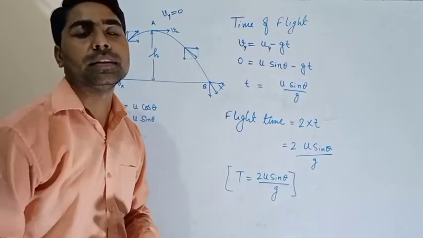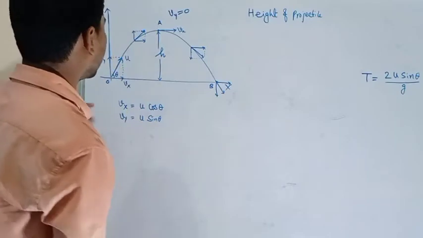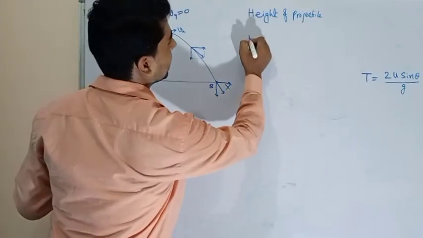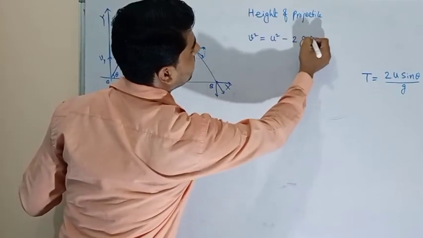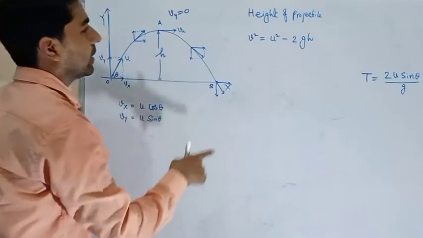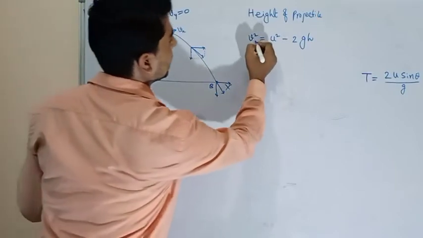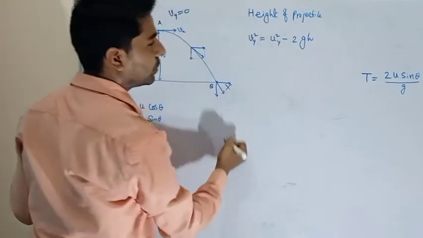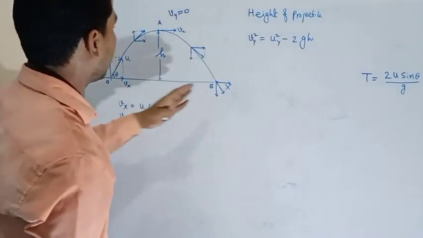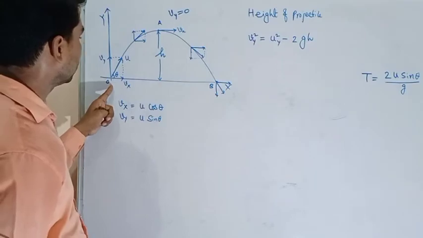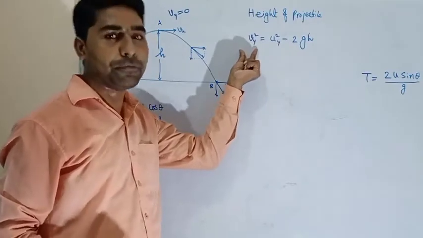The next topic is the maximum height. Now let's calculate the height of projectile. For the height of projectile, we can use the third equation of motion, that is v square is equal to u square minus 2gh. Again, we are going to calculate the height, which means the vertical component of the velocity, uy and vy both. I want to inform you, this is the initial velocity and this is the final velocity.